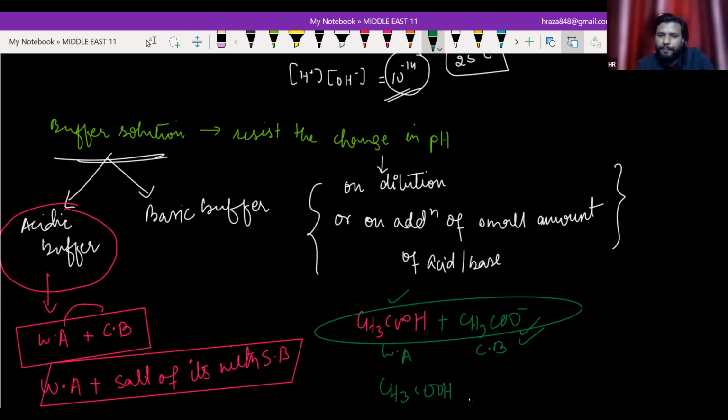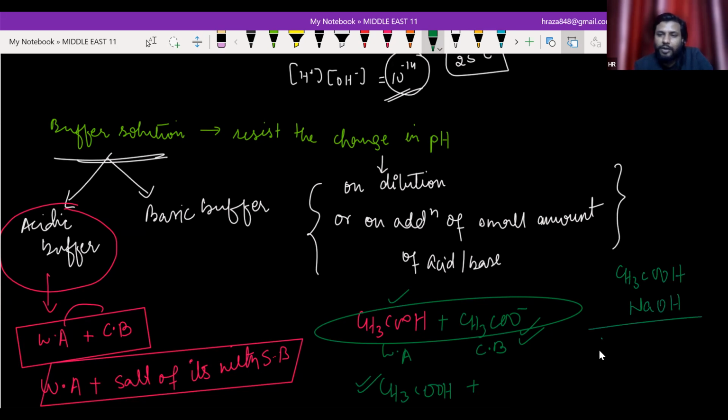Or you can take CH3COOH plus the salt, which is prepared by the reaction between acid and base, in which the acid is this weak acid and the base should be from a strong base. So this acid will react with a strong base. Just take NaOH.